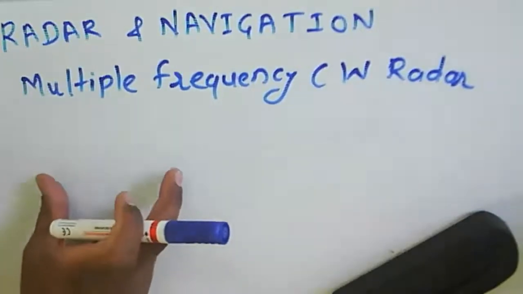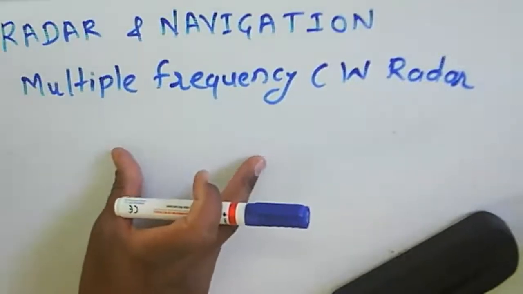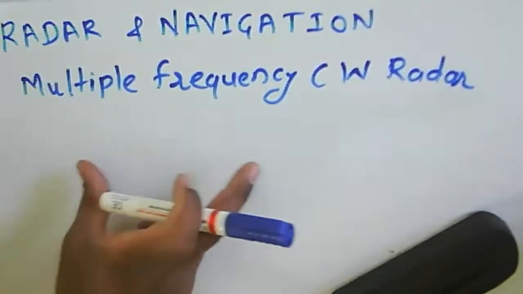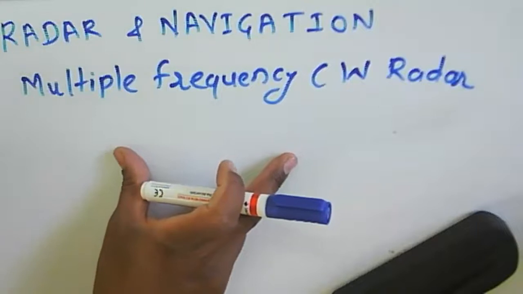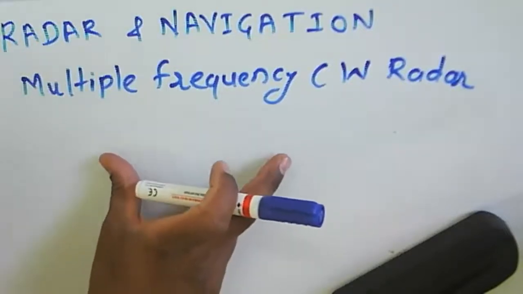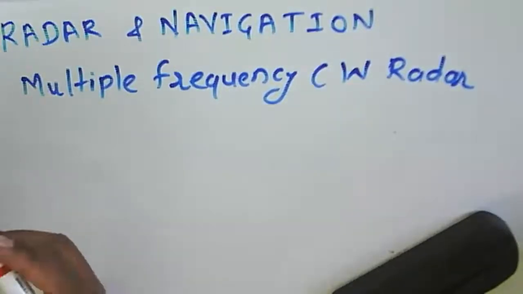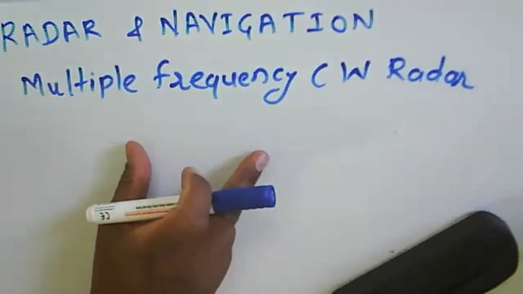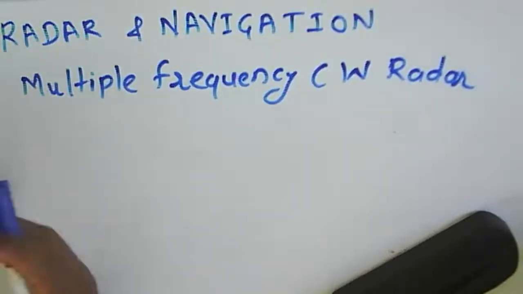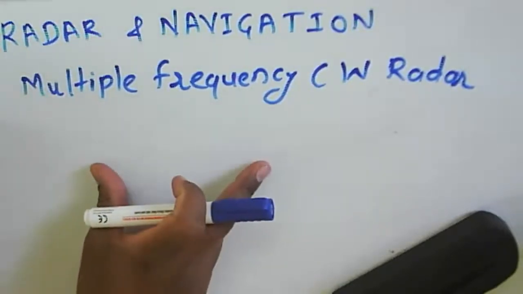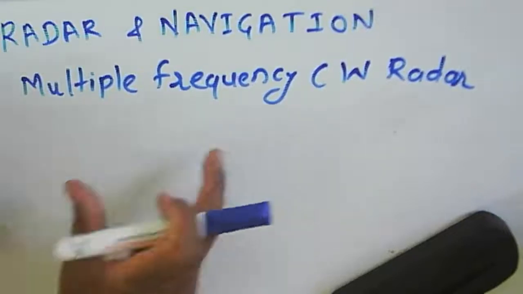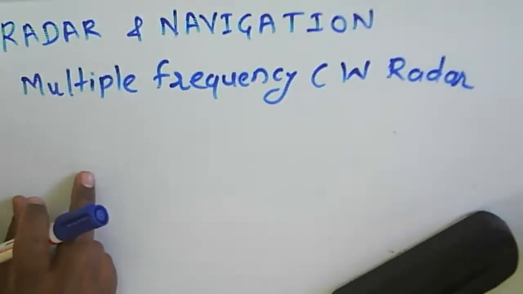In that case, we need to measure the phase of the echo signal relative to the transmitted signal. So we need to differentiate the phase of the transmitted signal and the echo signal.